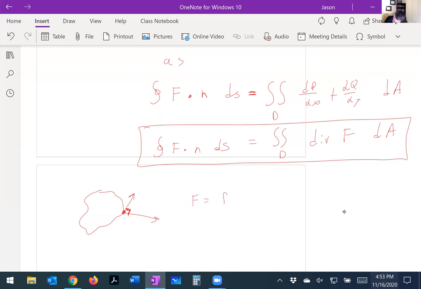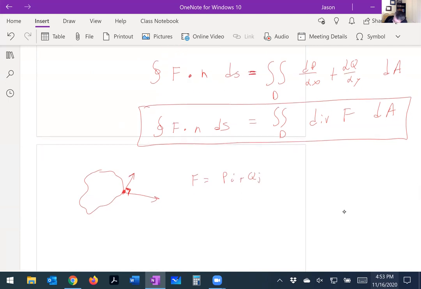If we have F equal to Pi plus Qj, then what would be tangential? If I took the partial in the x direction, partial in the y direction, that gives me T.